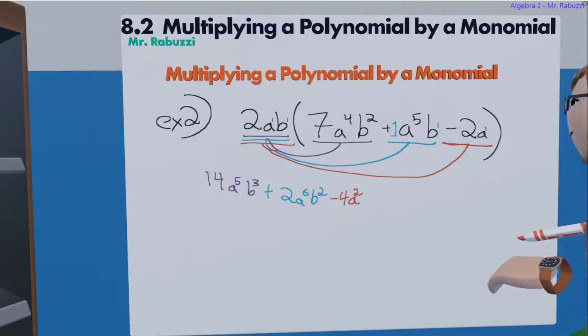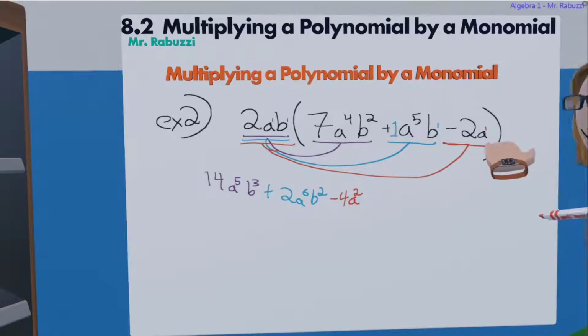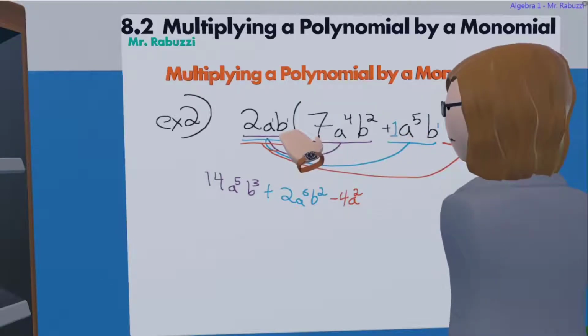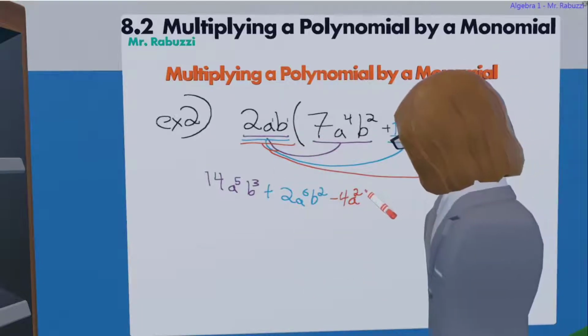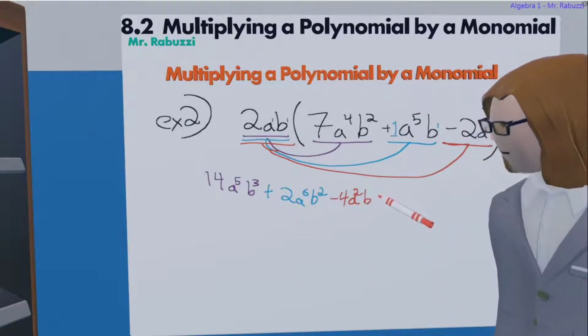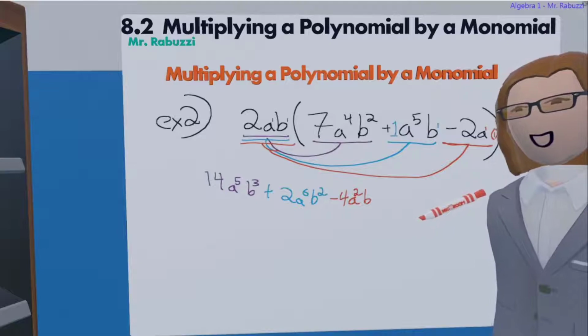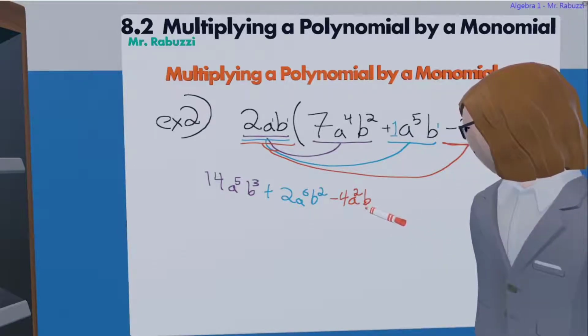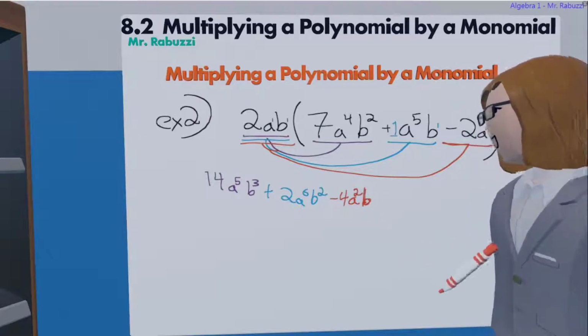So when we multiply the bases, we add the exponents. Now we've got b to the first times an empty space. If it's empty, it doesn't mean 0, it means 1. So b times 1 is just b. And you could put the invisible 1 up there. That's okay too. But you can make it invisible again if you like. So this is the correct answer, and that's a b, not a 6.